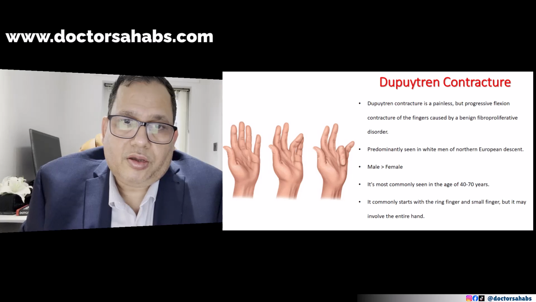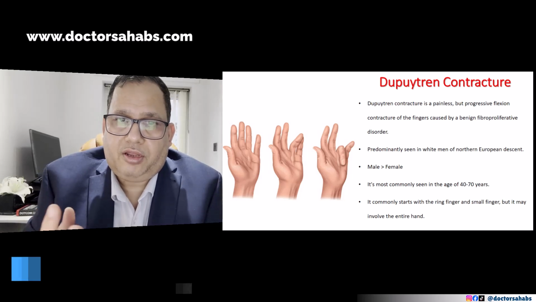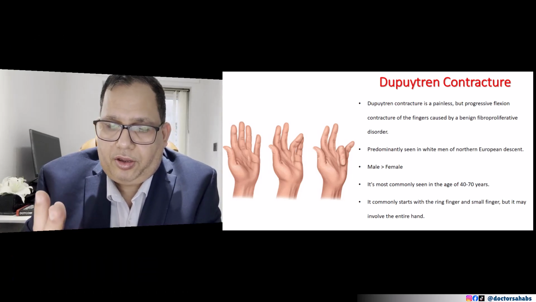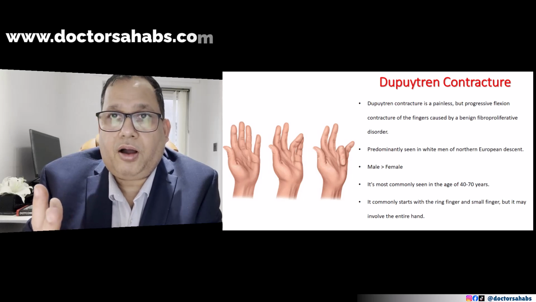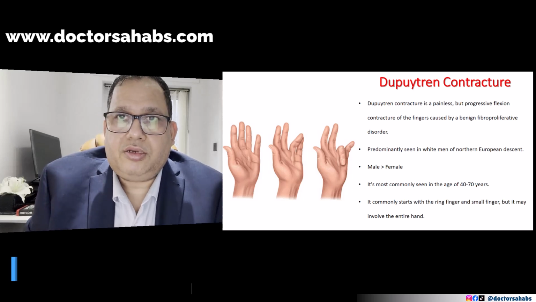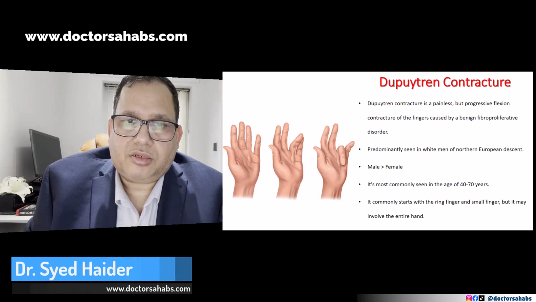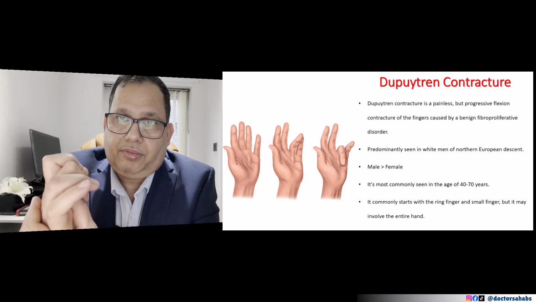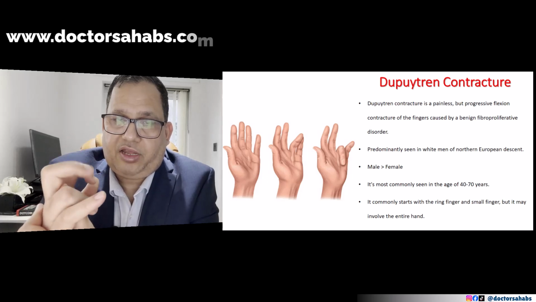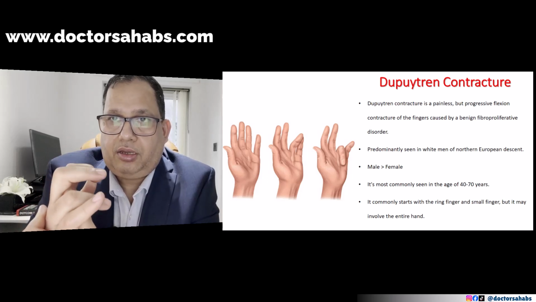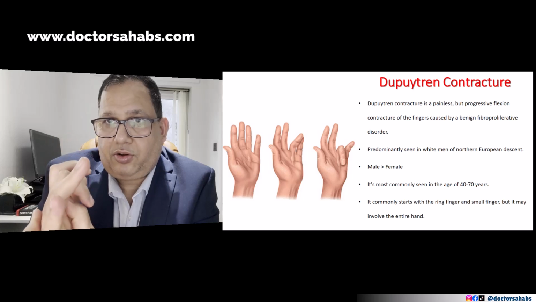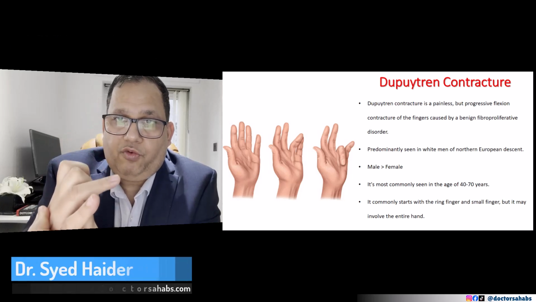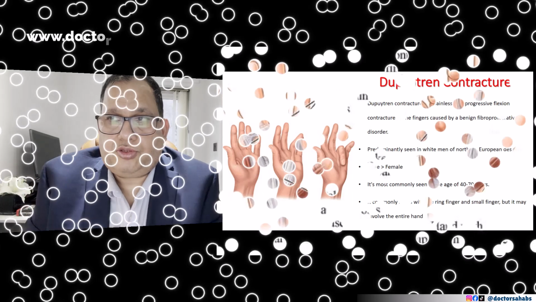It usually starts with lumps or thickness around your palm or finger, and gradually progresses to where your finger becomes permanently bent, or in a flexed position, and your fingers become stuck, or it is very difficult to move your finger into the straight position.